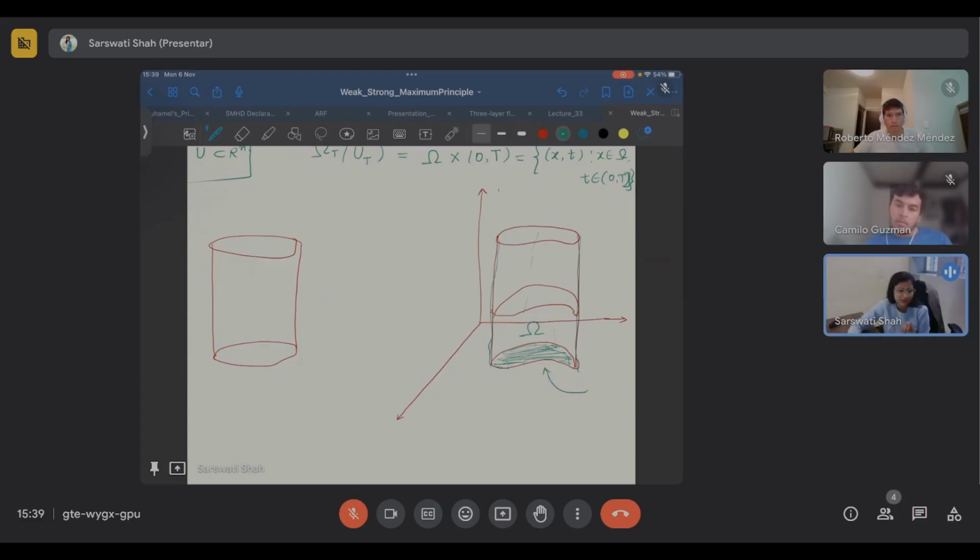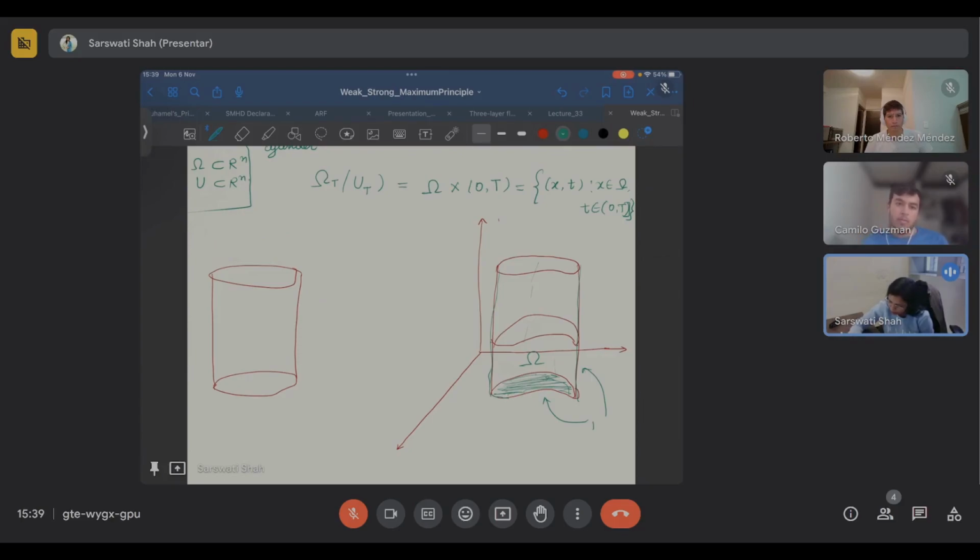It is very difficult sometimes to explain the geometry, but I think you are getting it. So the boundary might be the walls of the cylinder, and when we are talking about its surface, then the outer area of that cylinder, and we call it omega t.